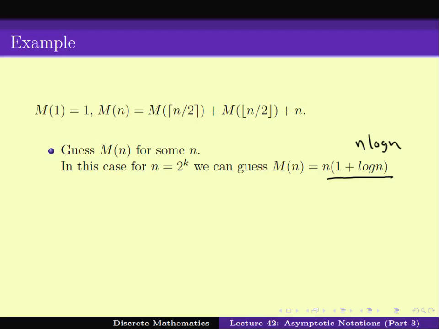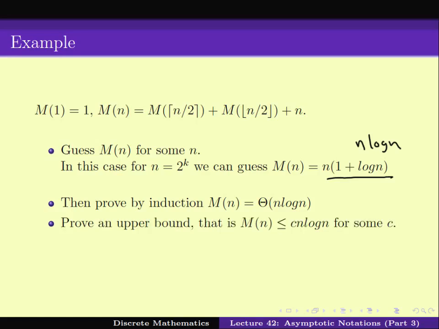But by now we have got a handle that mn is somewhat like n log n. The next step is to prove by induction that mn equals theta of n log n. Now, what do we mean by theta of n log n? Theta of n log n actually has two parts to it. One is an upper bound, that you have to prove that mn is less than or equal to c n log n for some c, and then you prove mn is bigger than d times n log n, for some d.